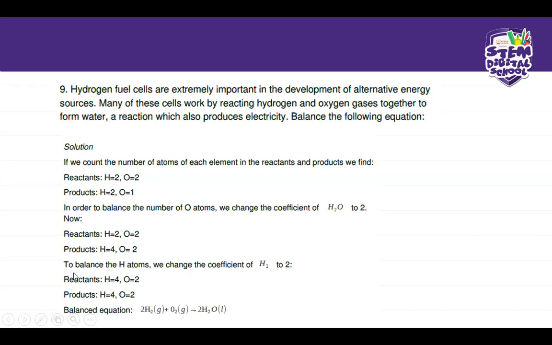And then this is what we're going to have eventually. We're going to have H4 plus O2, and the product is going to be H4 plus O2. And then our atoms are now balanced, and our equation is balanced. And this is what we will have, guys. I hope everything is coming all right.